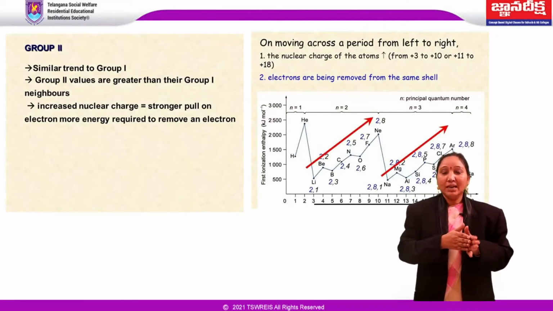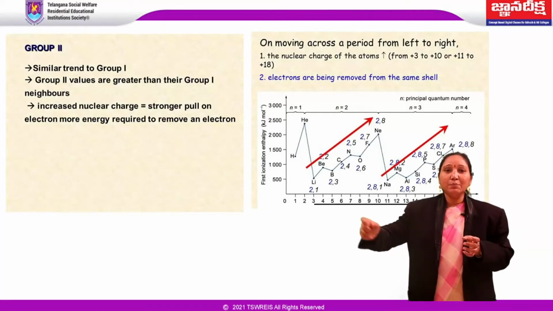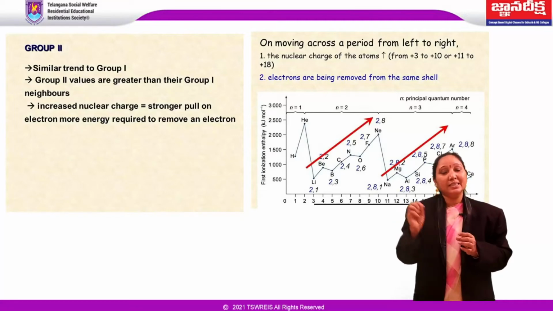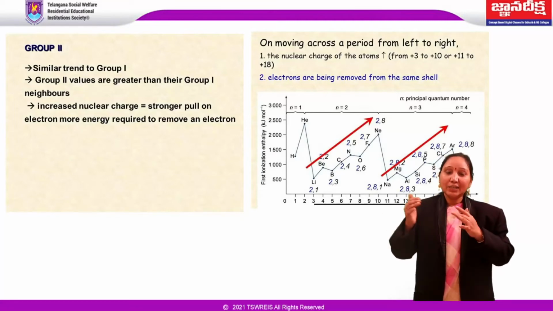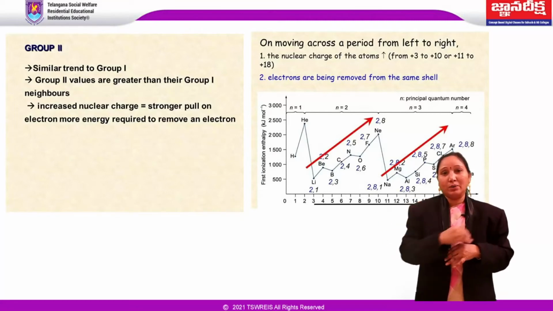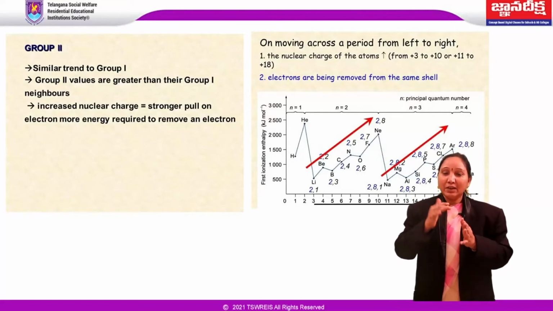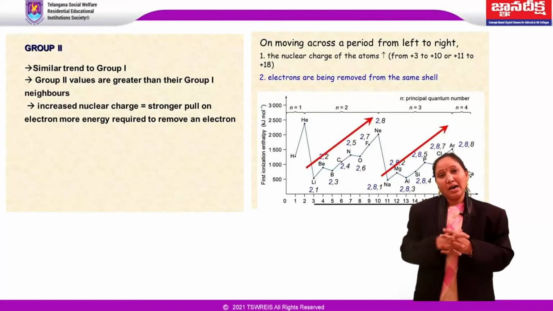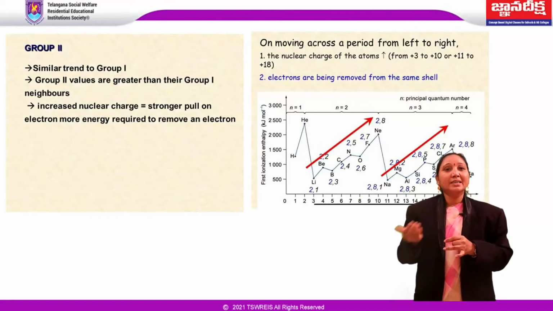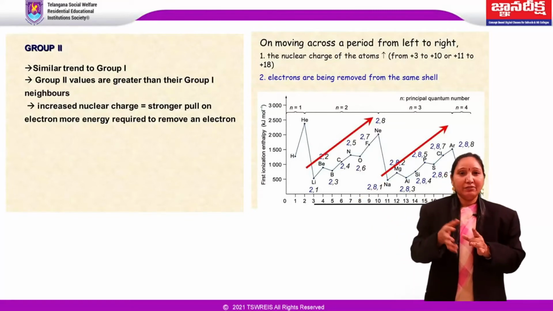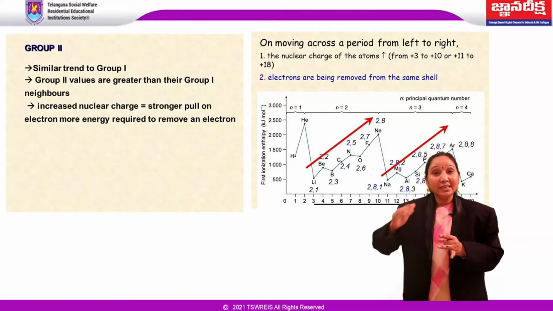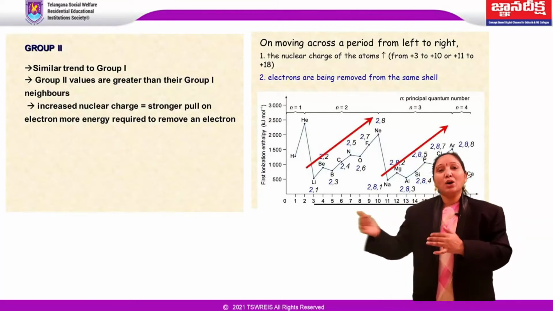At sodium, a new shell is added and with the increase in atomic number, the electrons are entering into the same orbit. That means in sodium, the third orbit is added and from magnesium up to argon, the electrons are entering into the same orbit. Therefore, the energy increases from sodium to argon.